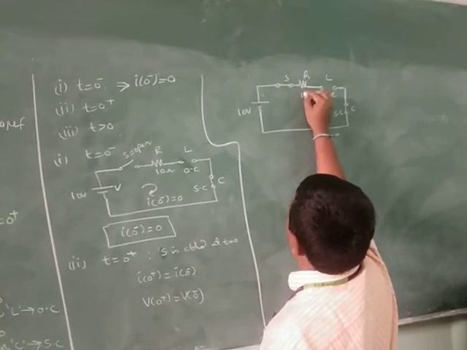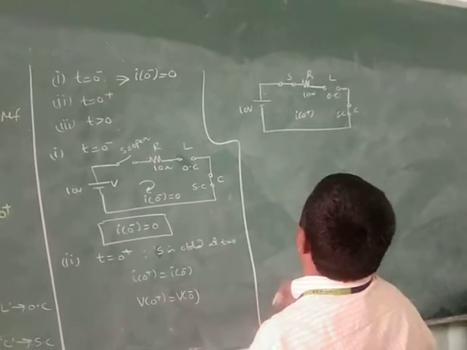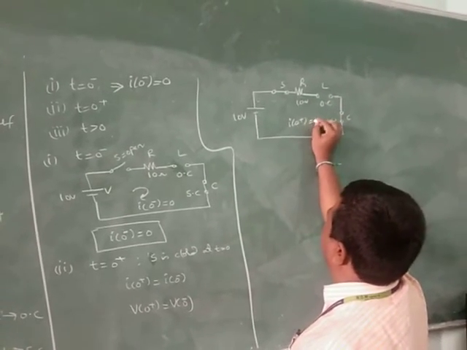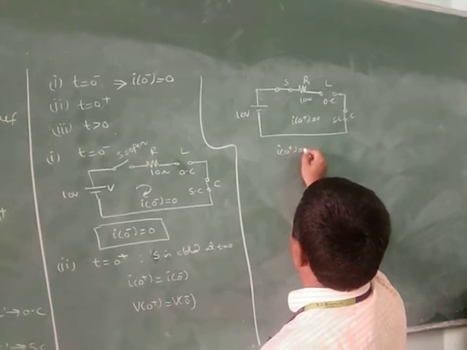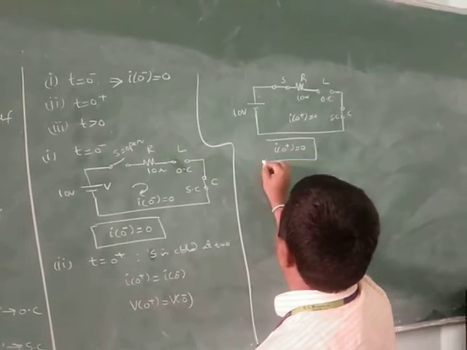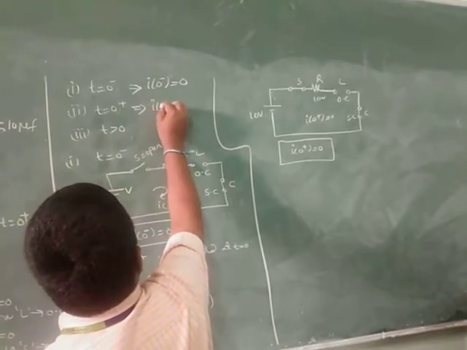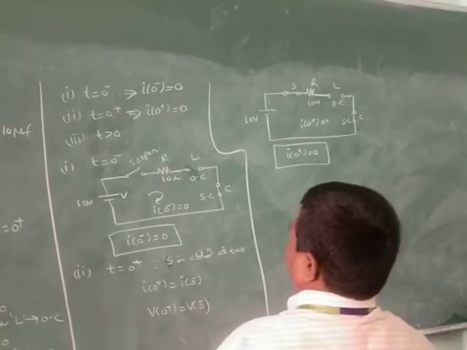Here this is the 10 ohm resistor. Now the current is i(0+). Since this is the open circuit, i(0+) is also 0. So in the second case also, i(0+) is equal to 0.